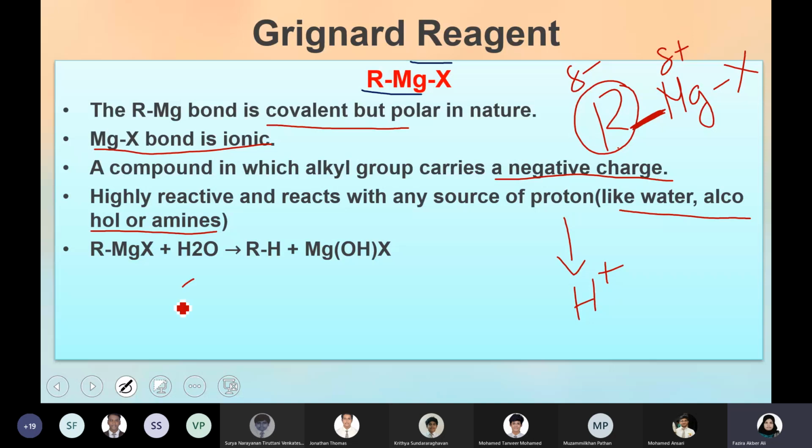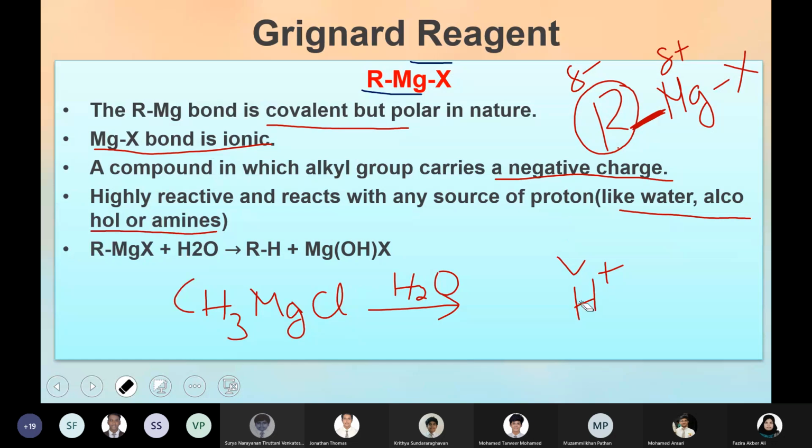Say for example, if we take CH3MgCl, and it is treated with water, what will be the product here? What will be the product?